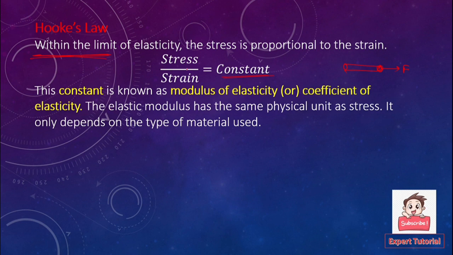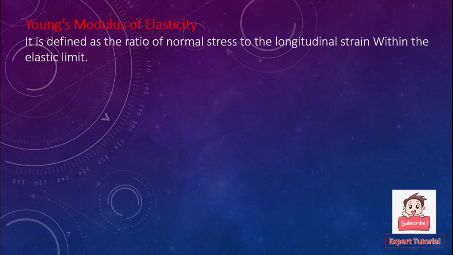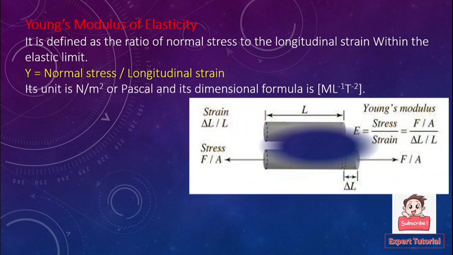And since this is the ratio of the stress by strain, and strain has no unit, this constant, that is the modulus of elasticity, has the same physical unit as stress. Okay, now there are several types of this modulus of elasticity. The first one is Young's modulus of elasticity. So please see this picture.